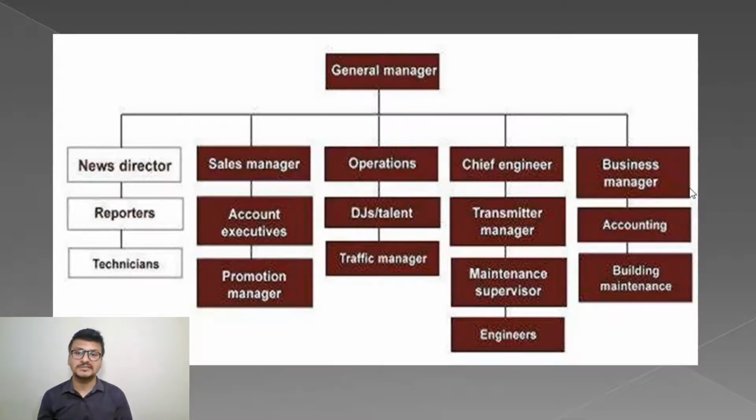Under the sales manager, they have account executives and the promotion manager. Under operations, they have RJs, DJs, talent, and then the traffic manager. Under the chief engineer, the transmitter manager is there, the maintenance supervisor, and then engineers.